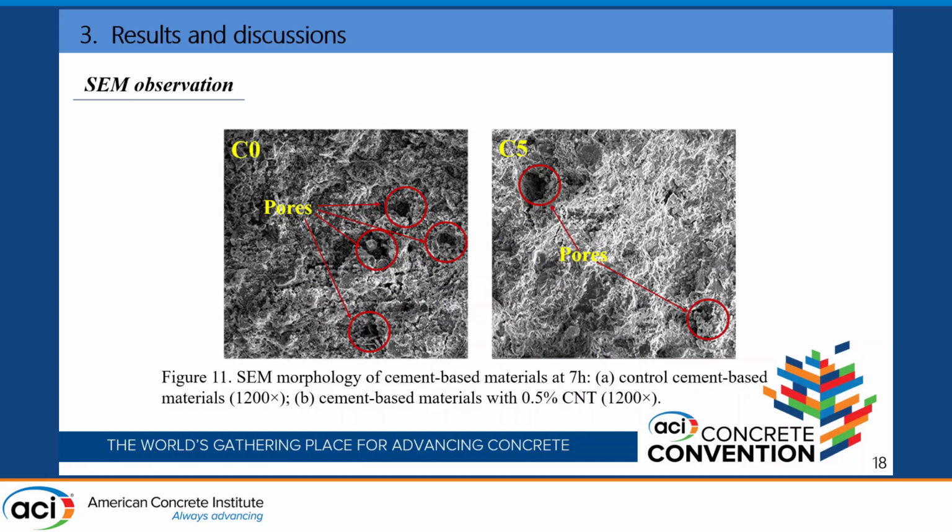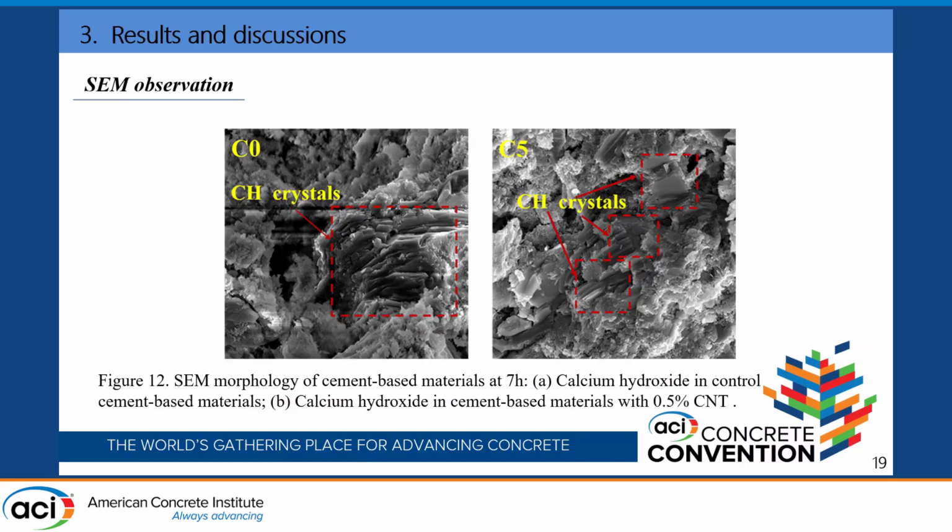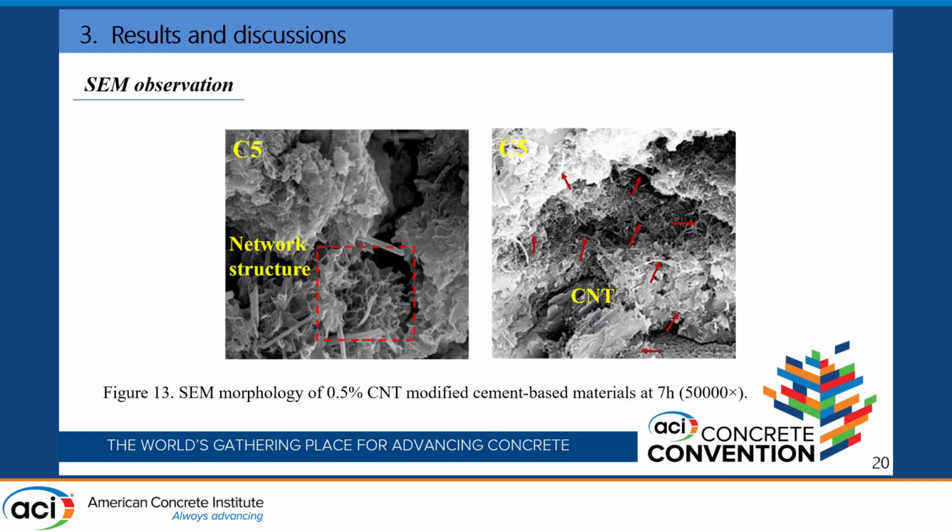We can also see that the size of the calcium hydroxide crystal, as I mentioned earlier from the XRD, is lower when you have CNT. Here is also the CSH needle type without CNT, and then you can see three-dimensional dense CSH when you have carbon nanotube.